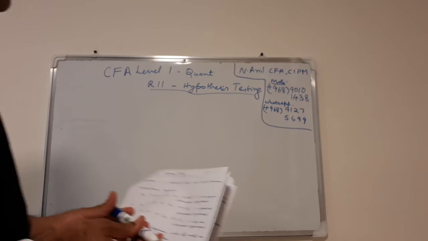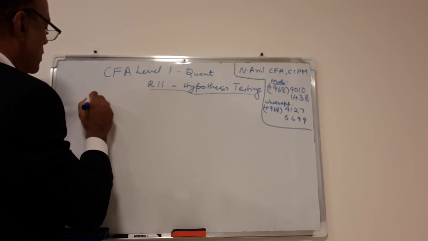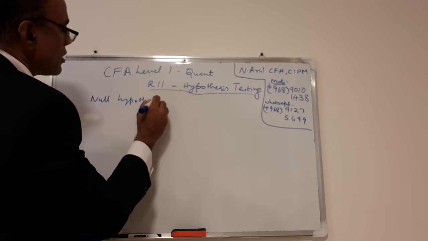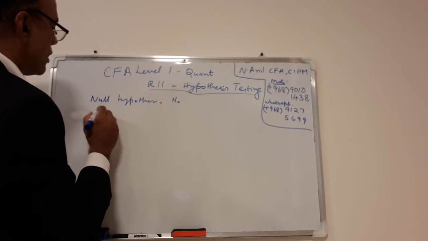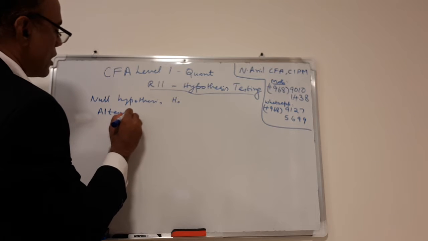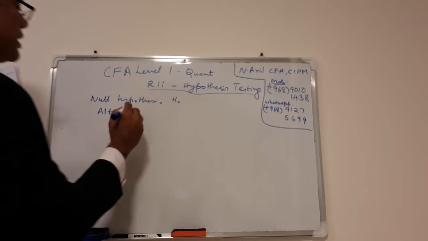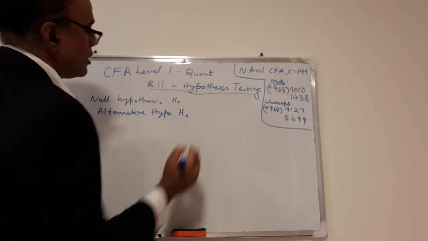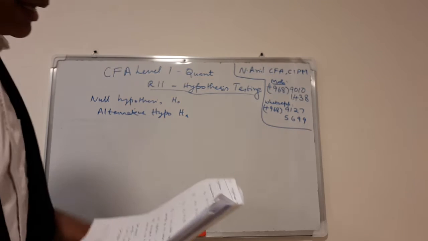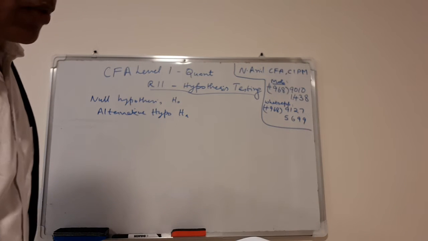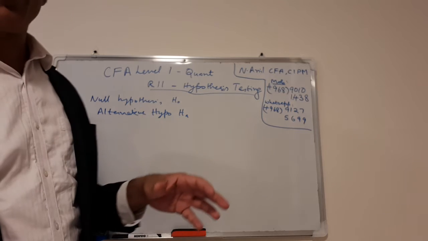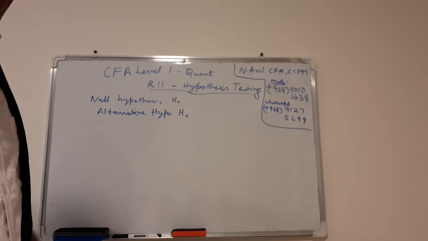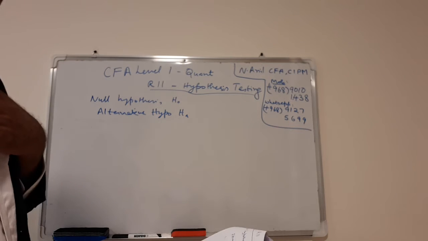So basically, you have a null hypothesis, H naught, and an alternative hypothesis, which is known as HA. So the notation is H naught and HA. A hypothesis is a statement about one or more populations. So now we can have a one-sided hypothesis or a two-sided hypothesis.